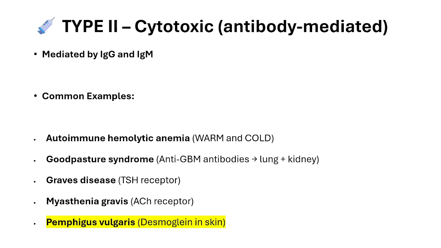Because the main autoantibodies, mainly IgG, target the desmoglein on keratinocytes, leading to cell destruction and blister formation. Since in pemphigus the main autoantibody is IgG, and type 2 hypersensitivity is mediated by IgG and IgM, pemphigus vulgaris is an example of type 2 hypersensitivity reaction.